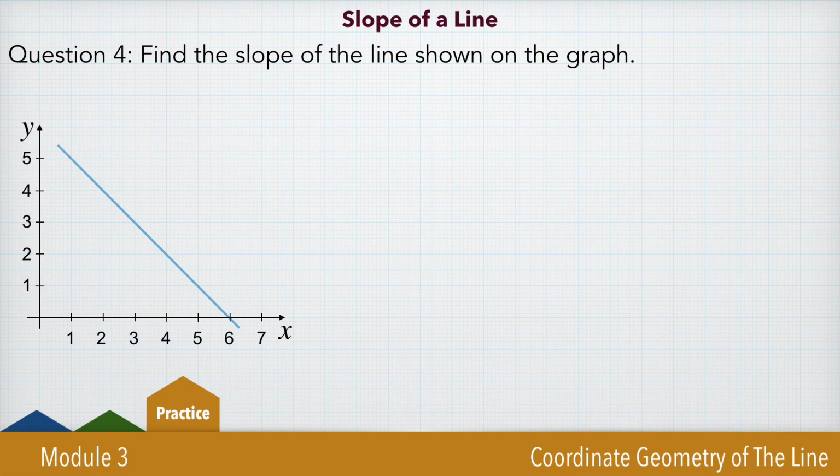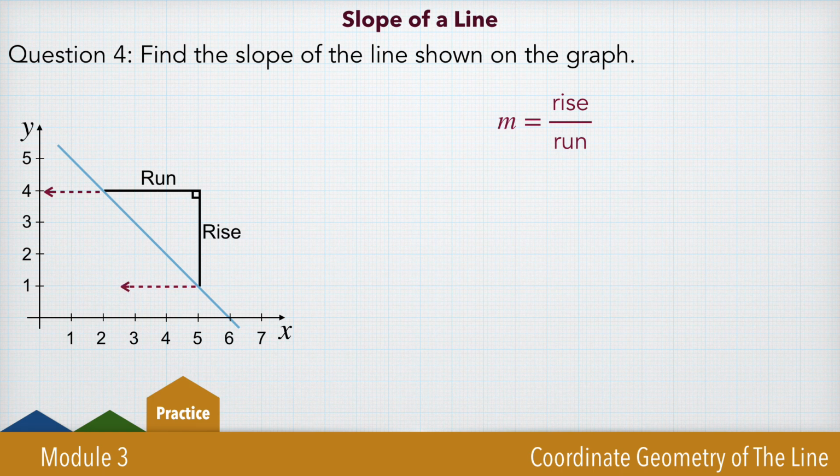Again, in this question, we must find the slope of the line from the graph. We can use the slope formula rise over run. So we start by constructing a right-angled triangle with the line as the hypotenuse. The vertical side is the rise and the horizontal side is the run, and both these lengths can be read directly from the axis.